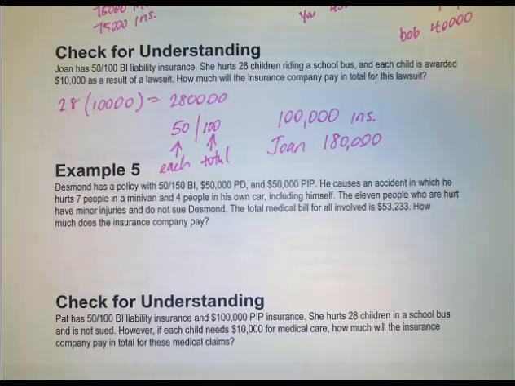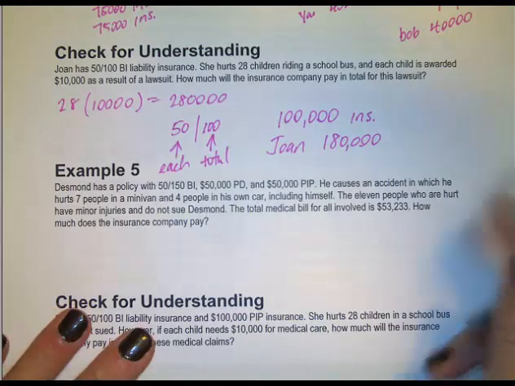The company pays the entire $53,233 as long as no individual person requests more than $50,000. Notice those first numbers, the 50/150 BI, the bodily injury numbers, have no relevance to this. So, how much does the insurance company pay? It pays the whole thing.